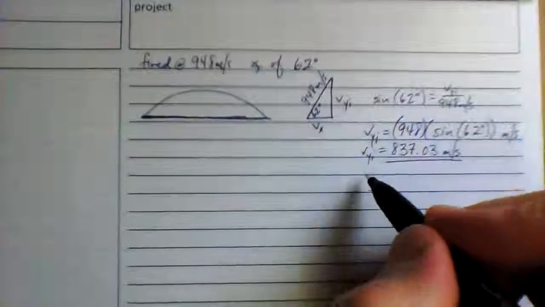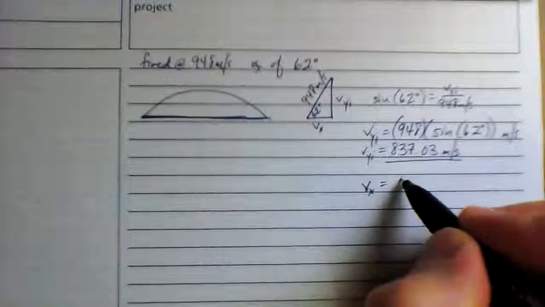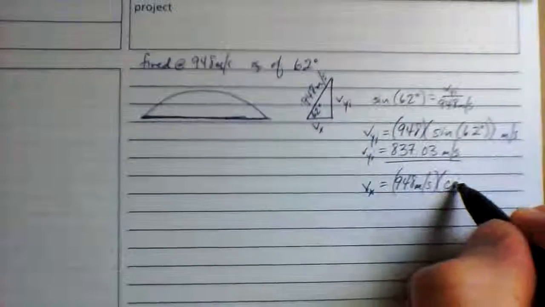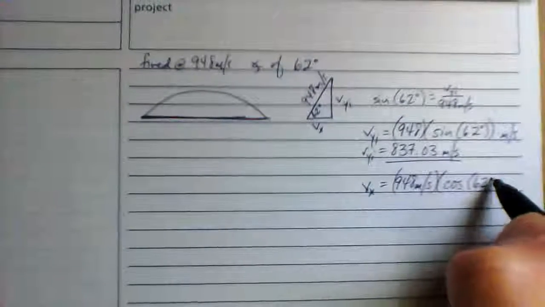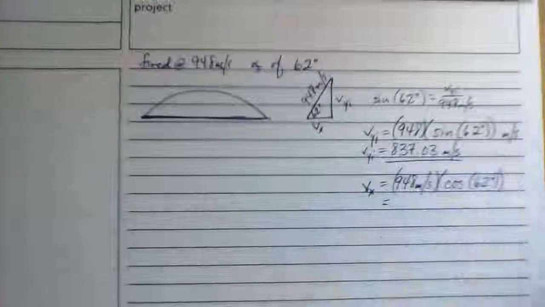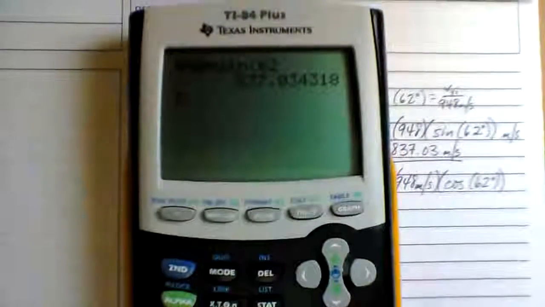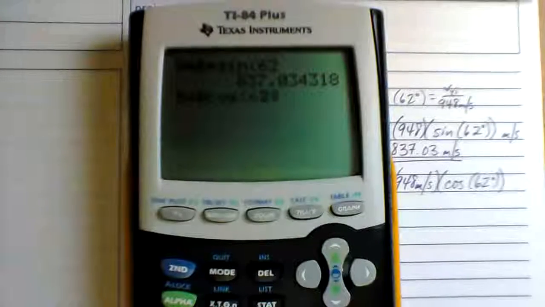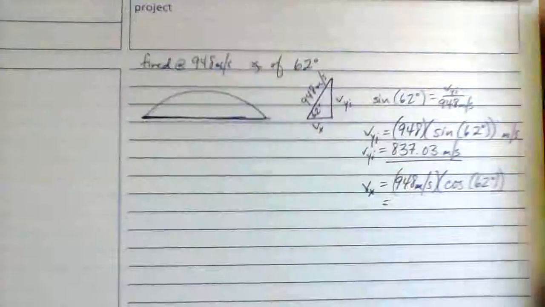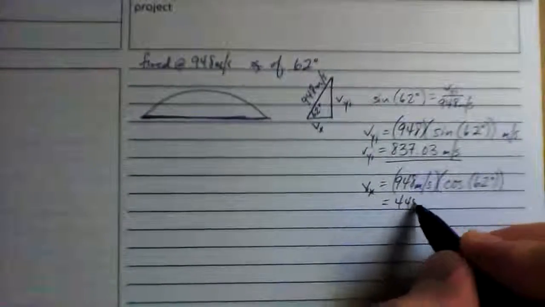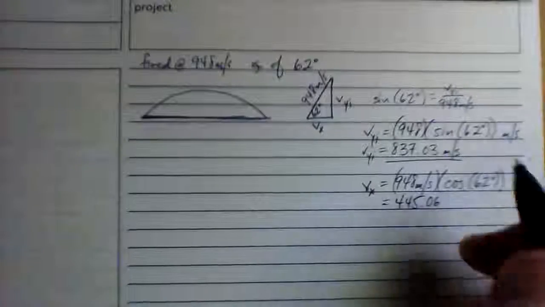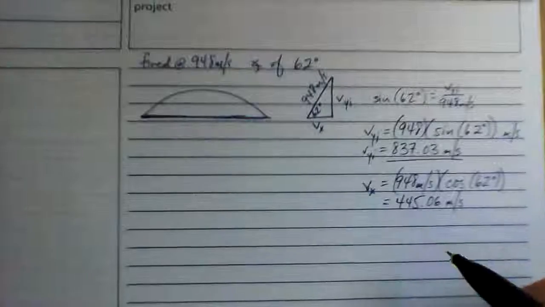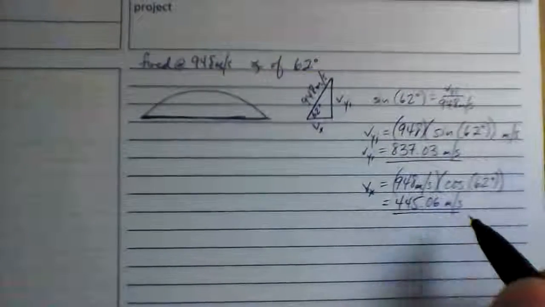So I'm going to go ahead and say Vx equals 948 meters per second times the cosine of 62 degrees, and that's going to give us 445.06. You do need to make sure that your calculator is in degree mode. We're not using radians.